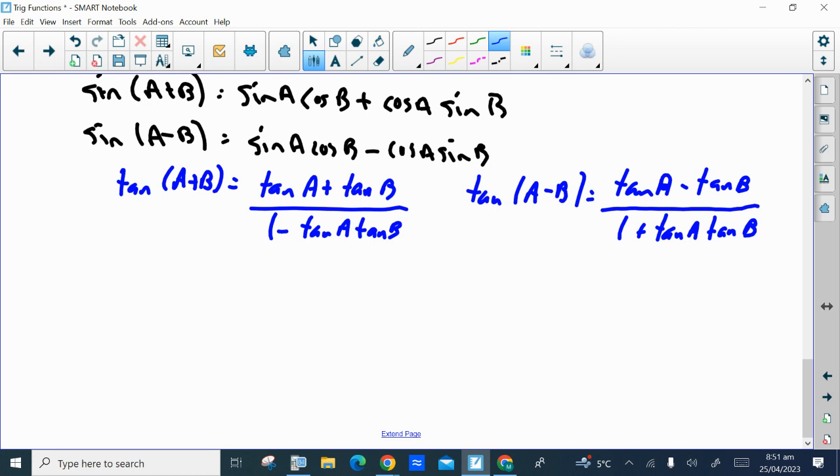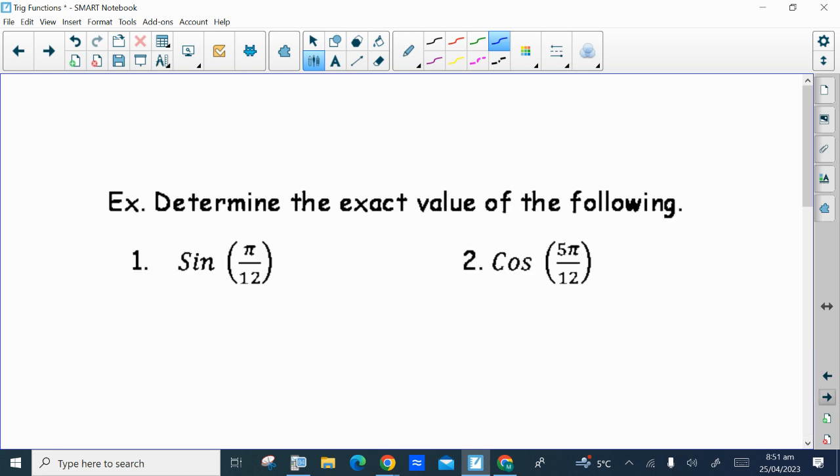That was what we used these for the most. So on the next page, we're asked to find the exact value of the following. The first one being the sine of pi by 12. Pi by 12 is not on the unit circle, but we can use our sum and difference identities to get these answers.